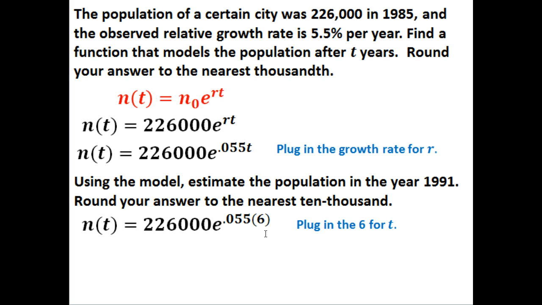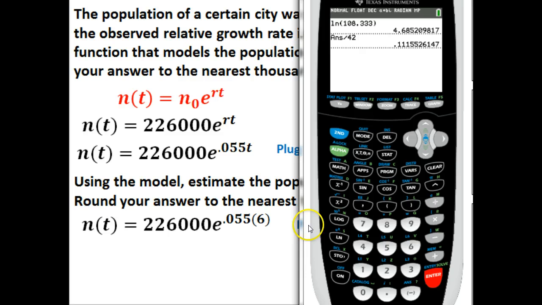So now that we've got that, we can plug that into our calculator. So let's take out our calculator. And I'm going to plug in just as it appears right here. 226,000, second E. The number e is found right here above the LN button. It's in blue, meaning we have to hit the second button first.